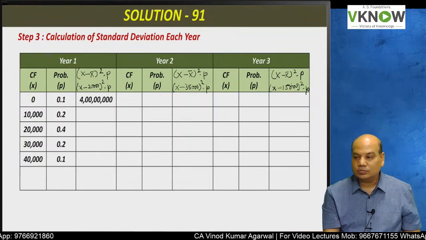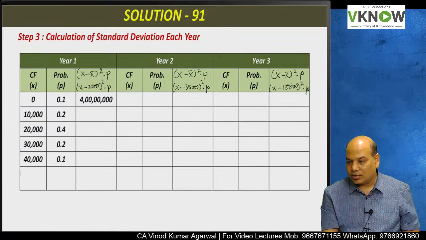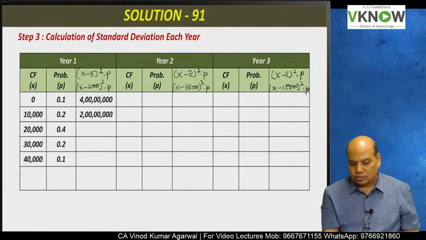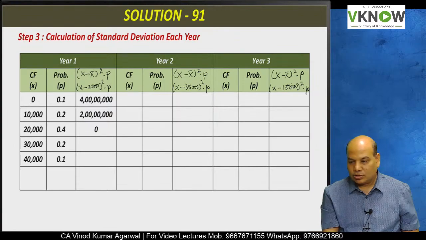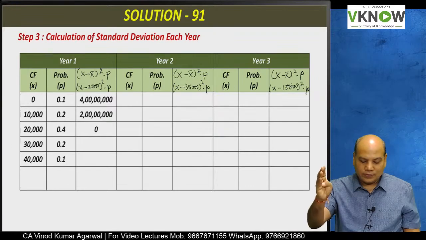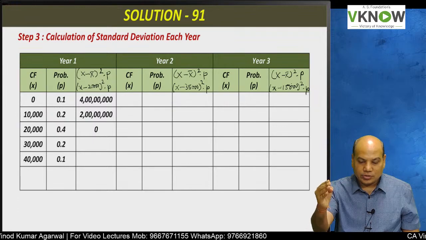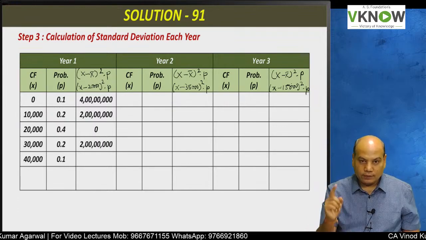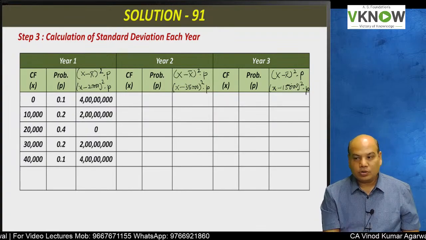Try the next one: (10,000 minus 20,000) square into 0.2, 2 crore. Third one: 20,000 minus 20,000 becomes 0. You don't require a calculator. For the next: (30,000 minus 20,000) square into 0.2, 2 crore. (40,000 minus 20,000) square into 0.1, 4 crore.